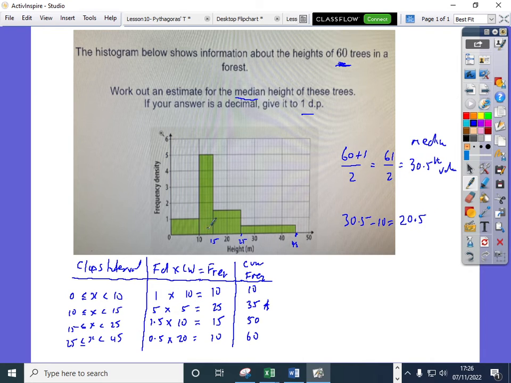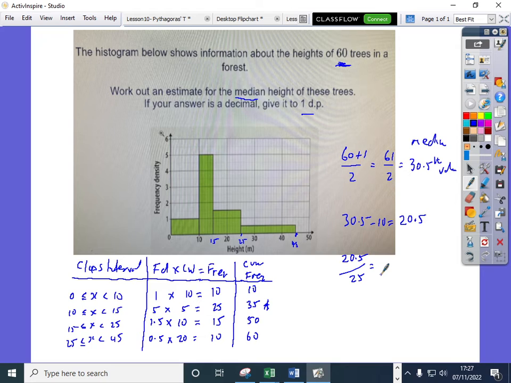We want 20.5 of this bar. We know in this bar there are 25 in total, so I'm going to put 20.5 over 25. This will tell us the proportion of this bar I need.